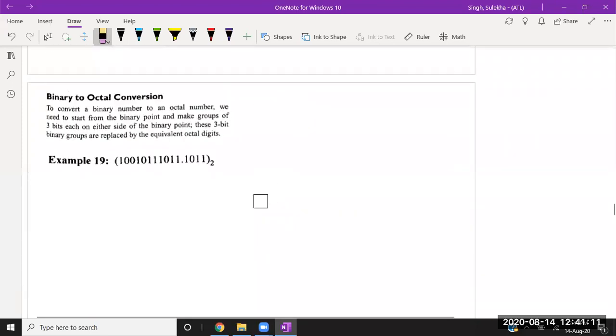Okay, so solve this question. This is similar to the previous one. Solve it. If you want, for your readability, I can draw lines.